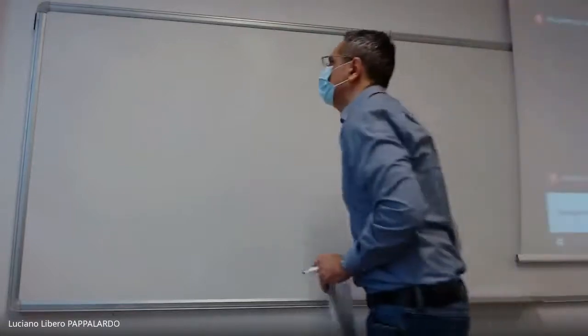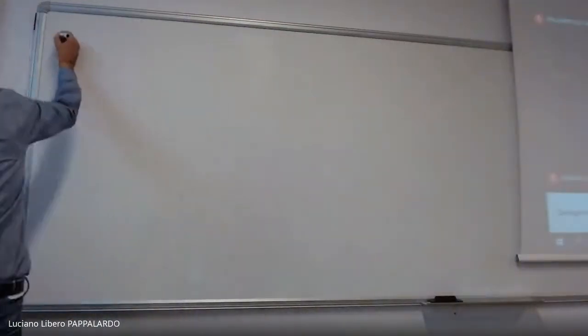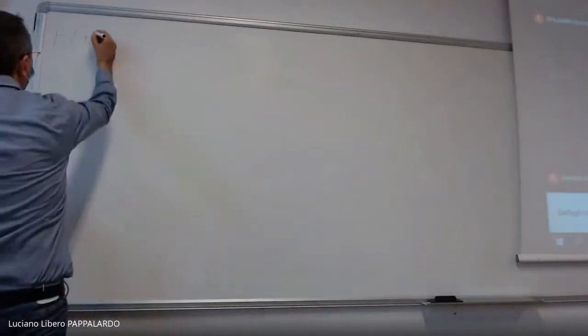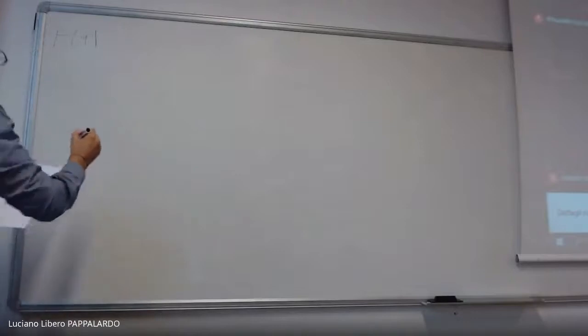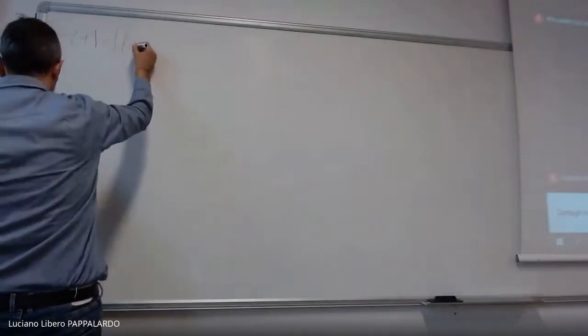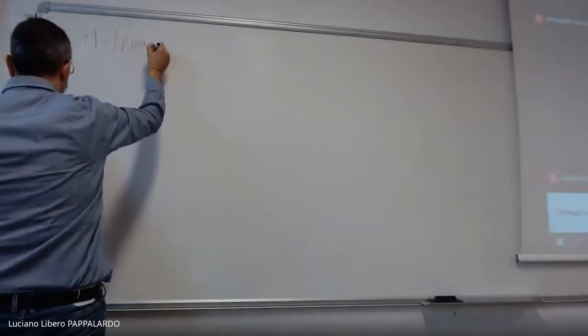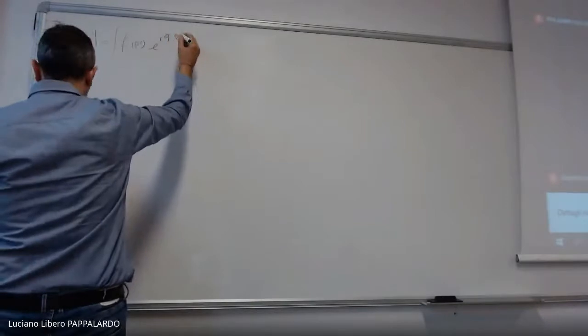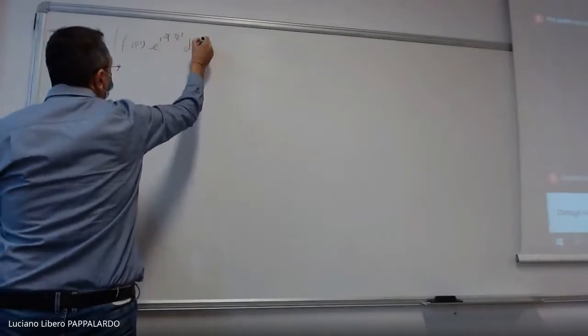Well, let's start from the definition of our form factor, F(Q squared). As you've seen, this is the Fourier transform of the space distribution, so we have the integral of e to the i Q scalar r prime, f(r prime), d r prime.